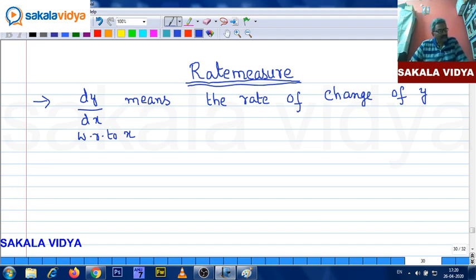Okay. Yes, rate measure is Newton and Laplace. Very good. Sir Isaac Newton is actually the disciple of Sir Isaac Barrow. The calculus was invented by Sir Isaac Barrow. You are reminding me by giving those words.